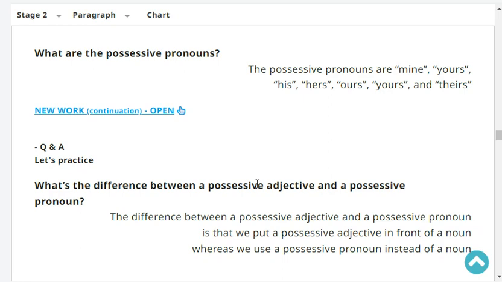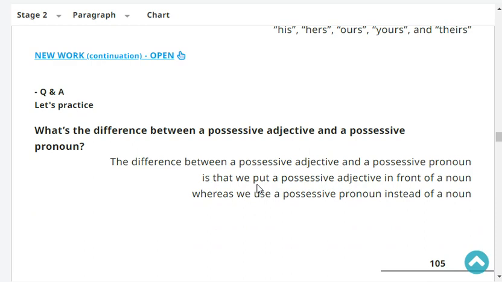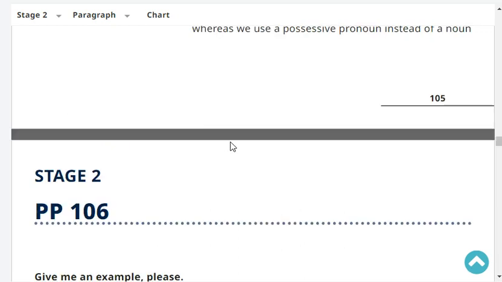The difference between a possessive adjective and a possessive pronoun is that we use a possessive adjective in front of a noun, whereas we use a possessive pronoun instead of a noun. Very good.